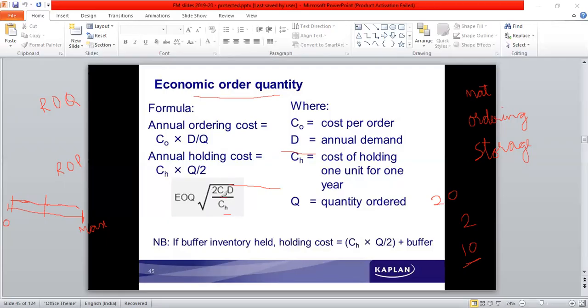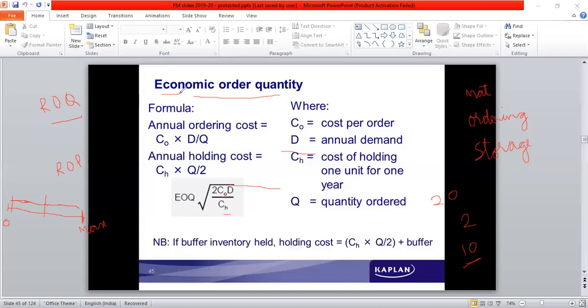When we calculate this, we understand what is the quantity of material to be placed which also proves to be economical in nature. So it is cost saving. By nature, that would be the ideal quantity which can save their ordering cost as well as their storing cost.